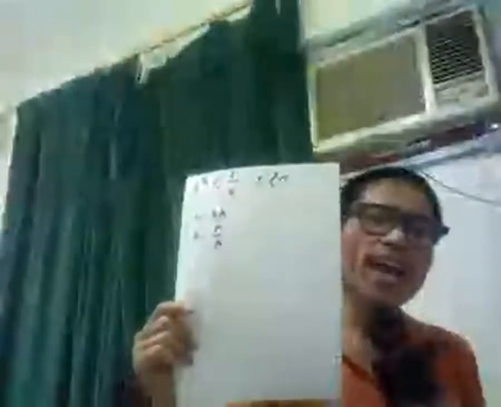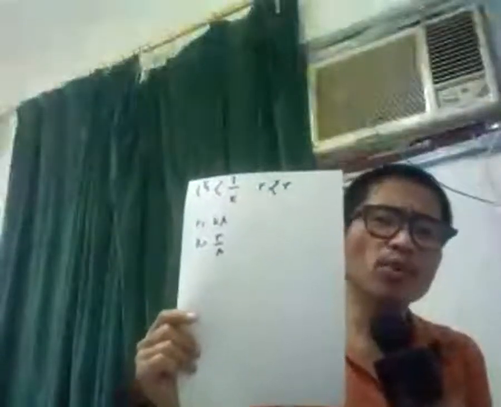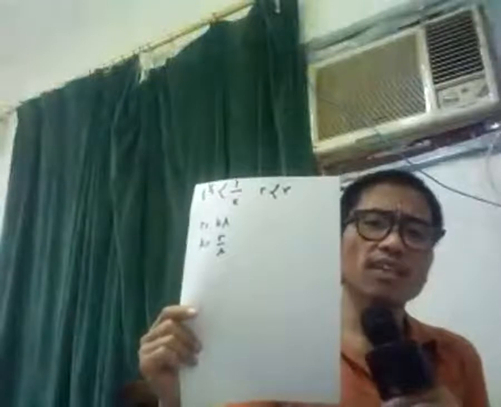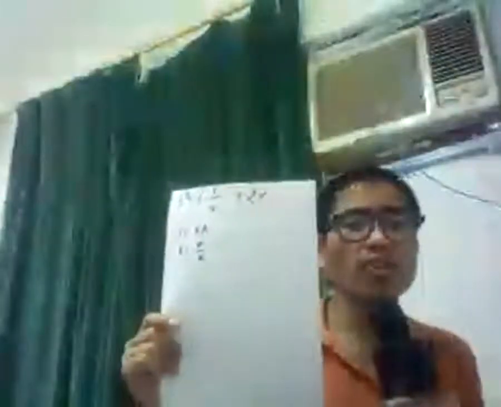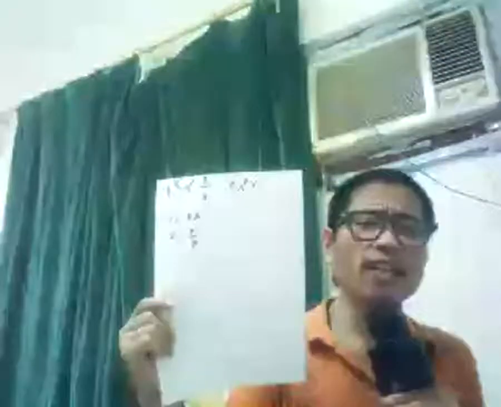So this one, since the rate law, guys, or the rate of chemical reaction, or the reaction rate, is directly proportional to the rate constant, then I said a while ago that the half-life is inversely proportional to K regardless of whatever reaction order. So meaning to say, if you increase the rate constant, automatically your half-life will reduce.